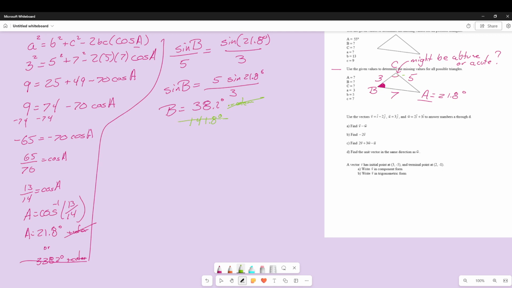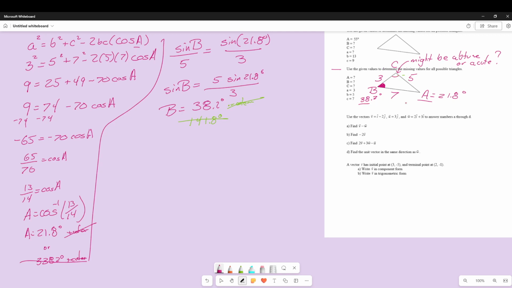So we get to throw that one out because of our strategy. So 38.2 degrees.